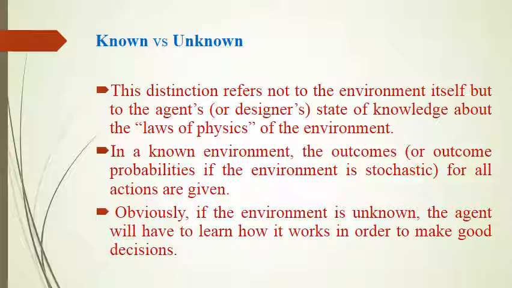In a known environment, the outcomes for all actions are given, and obviously if the environment is unknown, the agent will have to learn how it works in order to make good decisions. So the known agent will have basic knowledge of the given environment, while the unknown will learn through the environment.